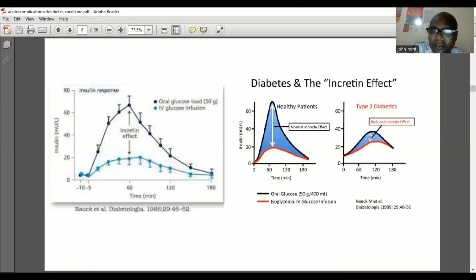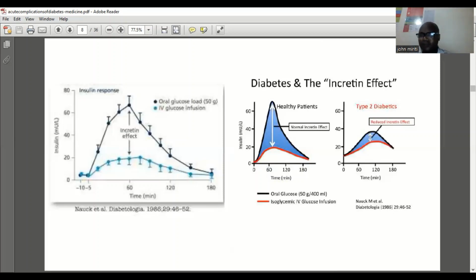You can see the normal incretin effect, whereas the patient who is given IV glucose infusion has around 20 in 50 minutes.